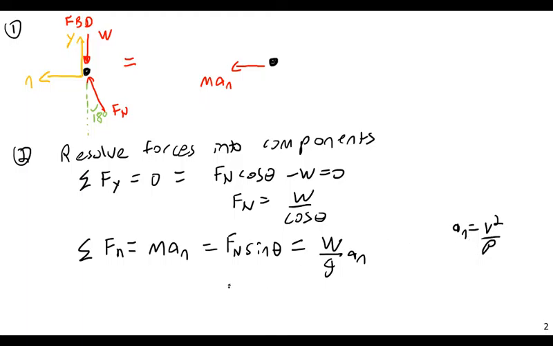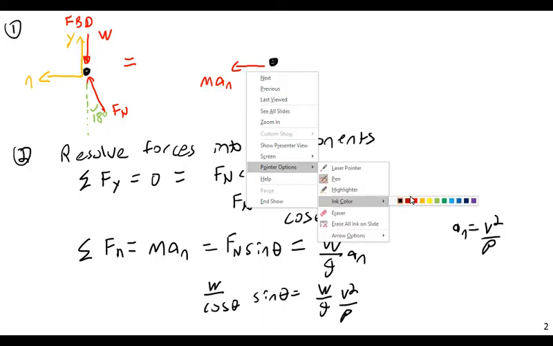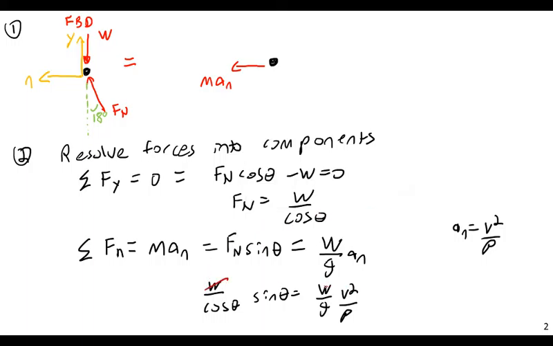So W over cosine theta times sine of theta will be equal to W over G times V squared over rho. If I work through this, the weight will cancel out. As we can clearly see, the weight will disappear.